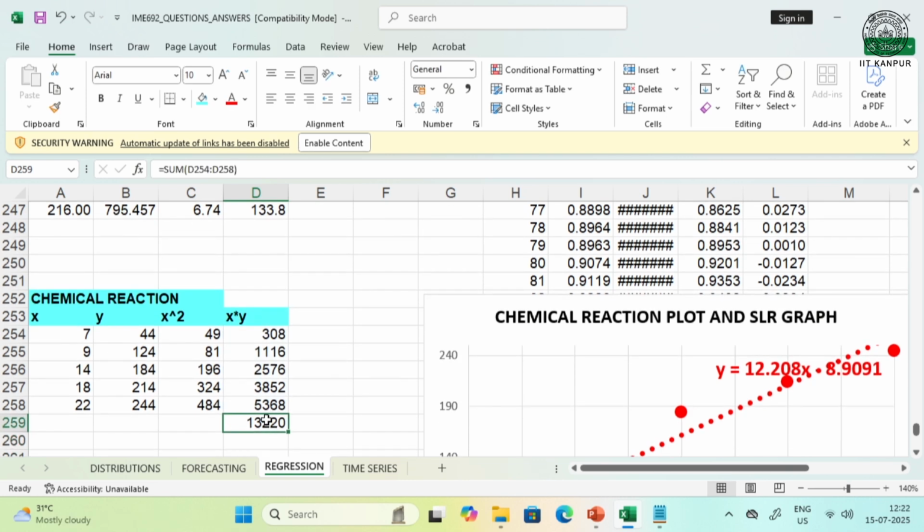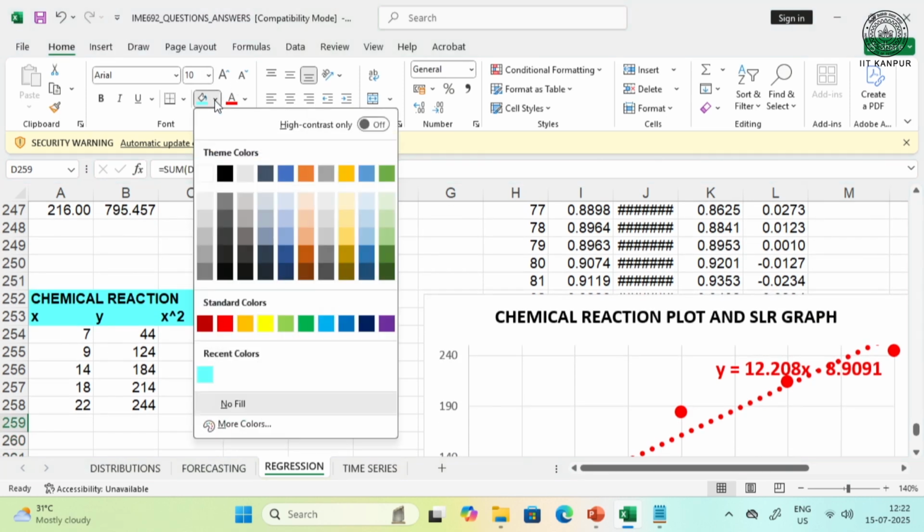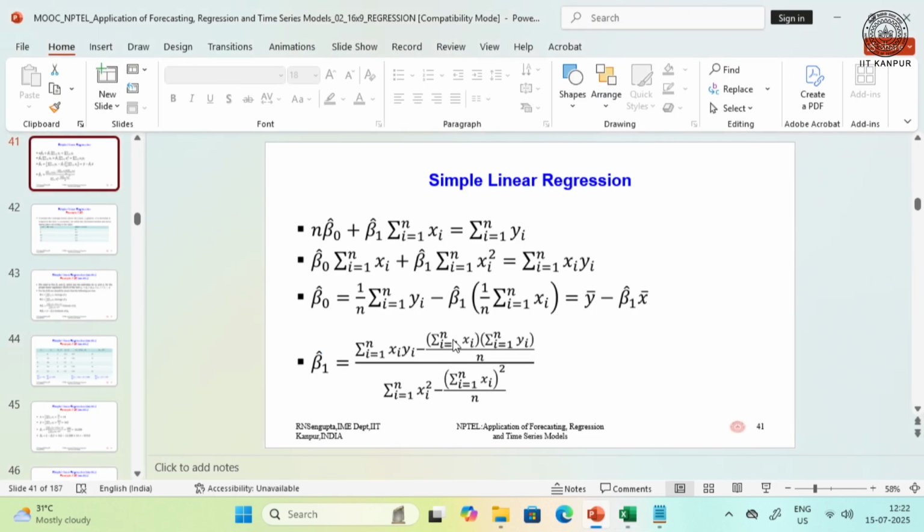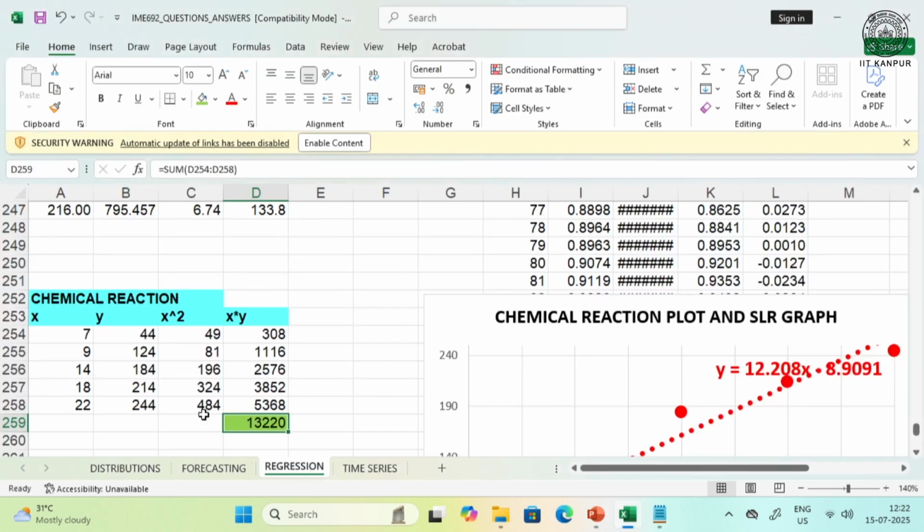I will mark this with a different color, because these values we will be utilizing. Let us use light blue, green. The next value I will be using is the summation of xi's into the summation of yi's.